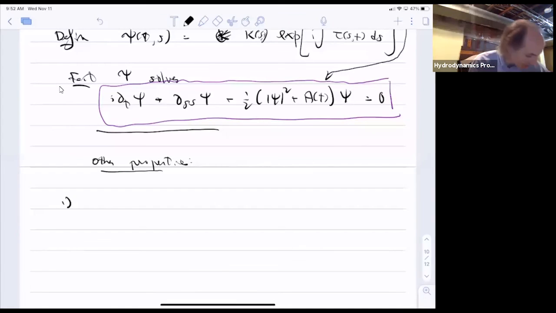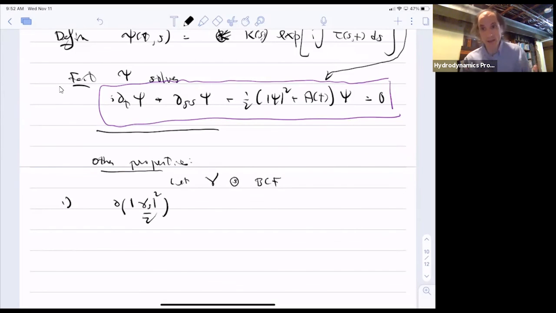I like arc length parameterizations, so assume gamma solves this binormal curvature flow. I'm free to insist on an arc length parameterization at time 0, but will that be true at later times? Let's compute that. I'll have d/dt of gamma_s dot gamma_s, and so that's d_s of gamma_t, using the equation.